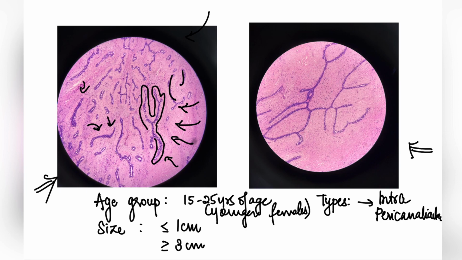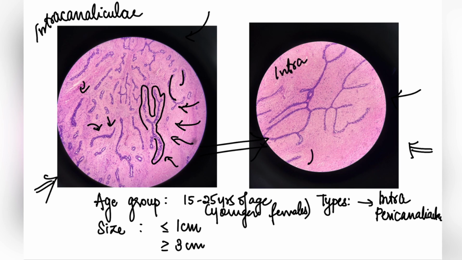So this pattern is known as intracanalicular, when the glands are pushed and they form a cleft-like or slit-like pattern. And so what is this? It is exactly what I've explained here. This is also intracanalicular. As you can see, stroma is pushing the glands and making them into a slit.